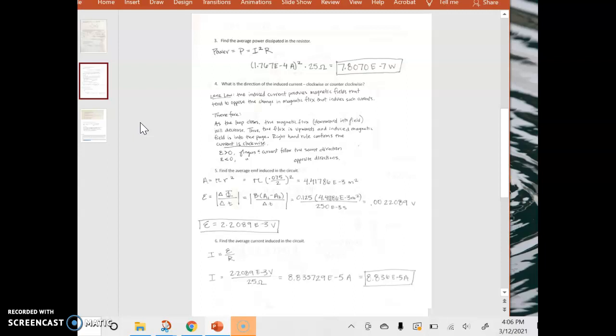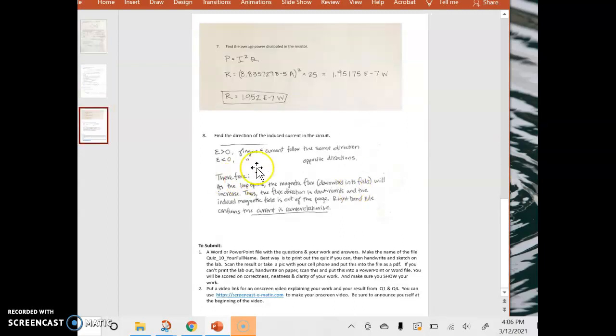So your fingers will be going the opposite way of the current, which is kind of how I figured out number 8. But also I just knew it was the same but opposite because it was going from 0 to bigger area. Therefore it was negative. Okay, so I think that's all.